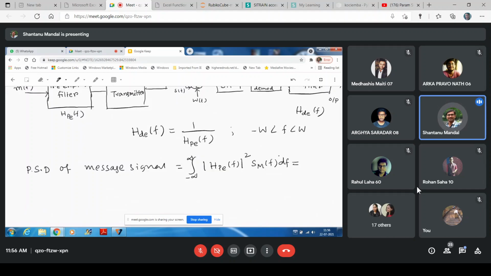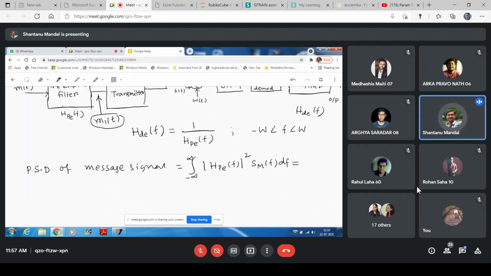Actually the pre-emphasis filter is selected so that the average power of the pre-emphasized message signal, here M1 of T, has the same average power as the original message signal. So the average power of the pre-emphasized message signal is the same as the average power of the original message signal.